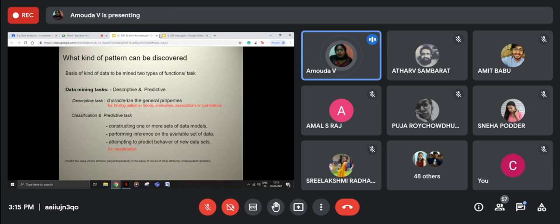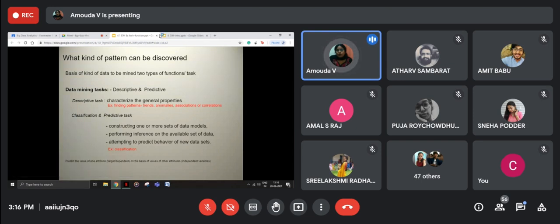The descriptive task is nothing but characterizing the data. But in classification and predictive tasks, we are not categorizing. We are constructing a model actually. We construct a small model, a prototype model. You will train it with the data. Once it is trained, if the output is right, then we use the prototype on a larger amount of data to classify all the data.